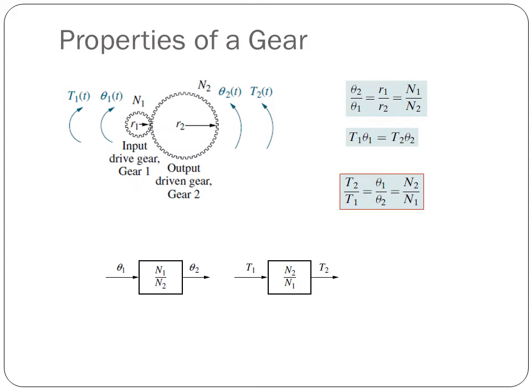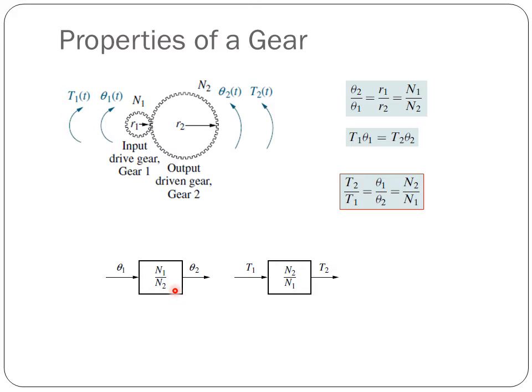In another view, we can imagine that we are giving a theta 1 input to the gear, but we are getting another output, theta 2. What is changing this displacement is the ratio N1 by N2. So theta 2 by theta 1 is N1 by N2.